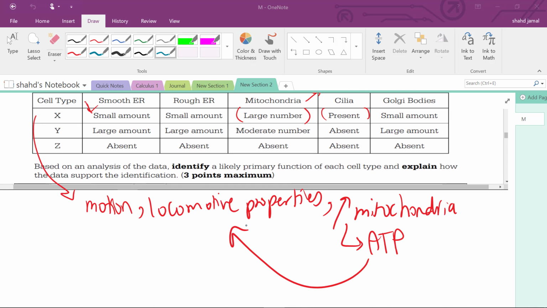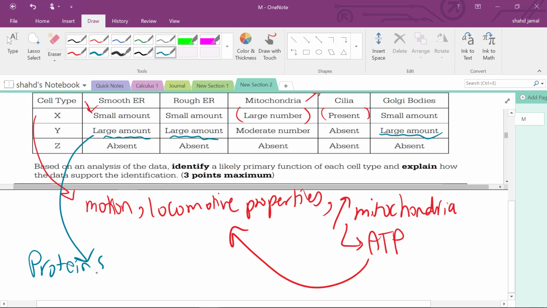Anyways, when you're done with that, you move to cell type Y, which has large amounts of both smooth ER and rough ER. It has a moderate number of mitochondria, there's no cilia, and we have a large amount of Golgi bodies as well. So these 3 structures in general, both the smooth and rough ER and the Golgi bodies, have to do with protein synthesis.